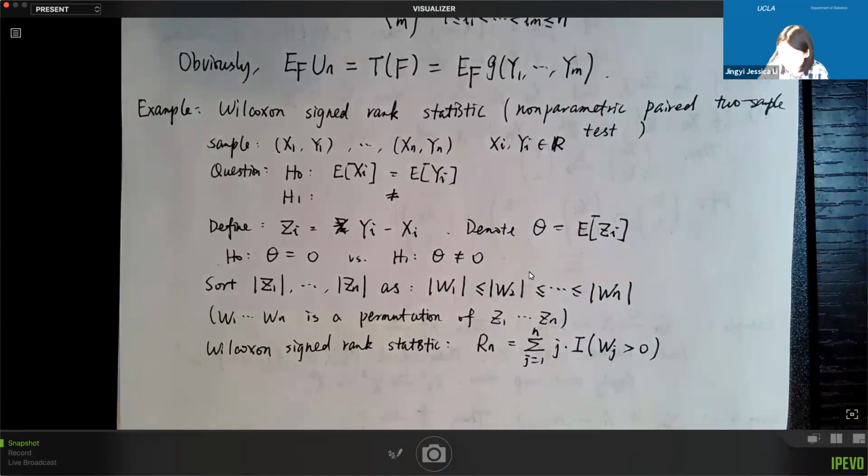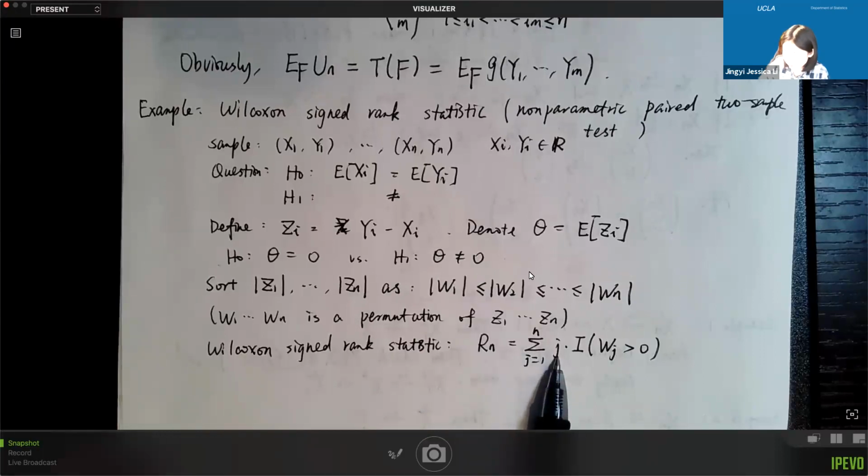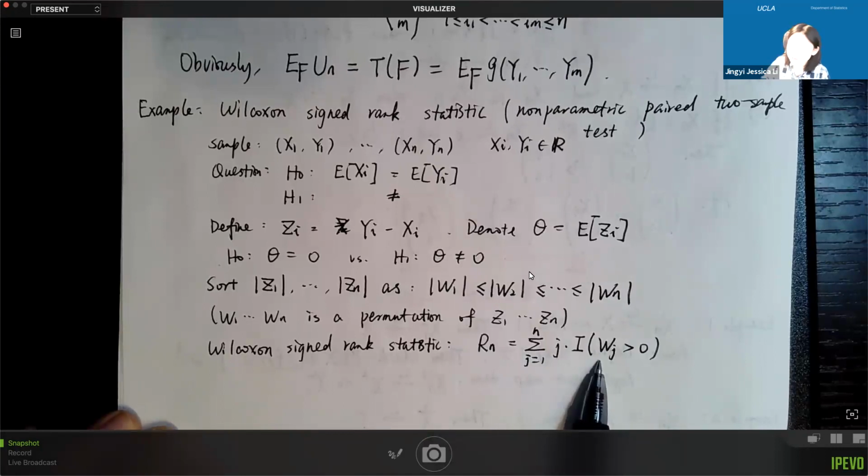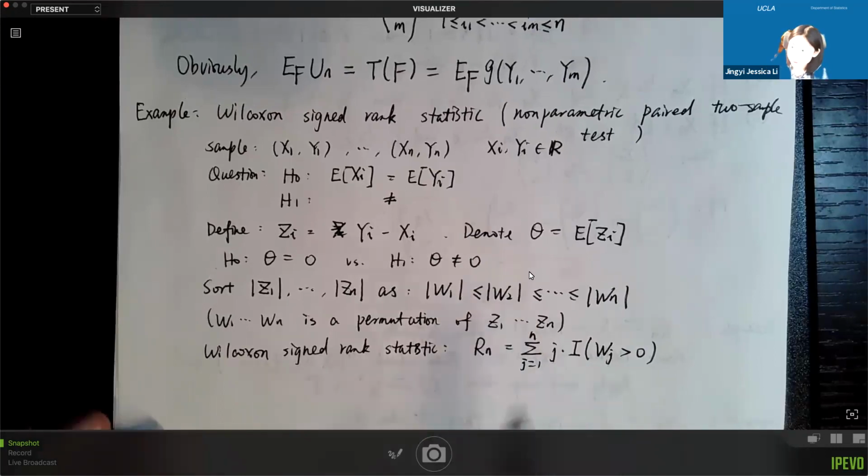So Rn is the sum of the ranks where the corresponding Wj is positive. We only take the positive Wj and take their corresponding ranks and then take the sum.